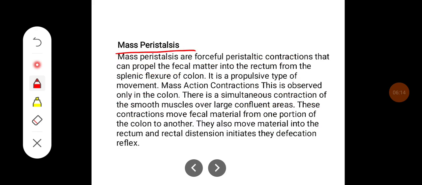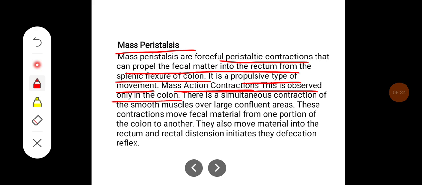Mass peristalsis. Mass peristalsis are forceful peristaltic contractions that can propel the fecal matter into the rectum from the splenic flexure of the colon. It is a propulsive type of movement. Mass action contractions are observed only in the colon.